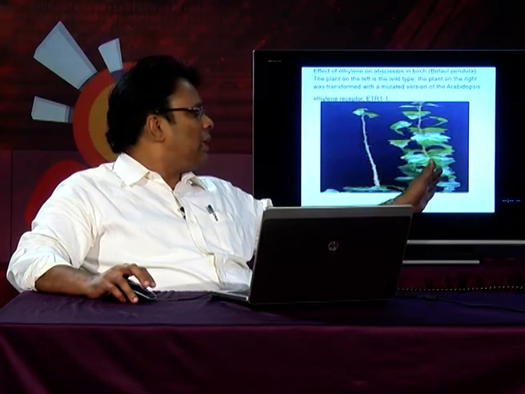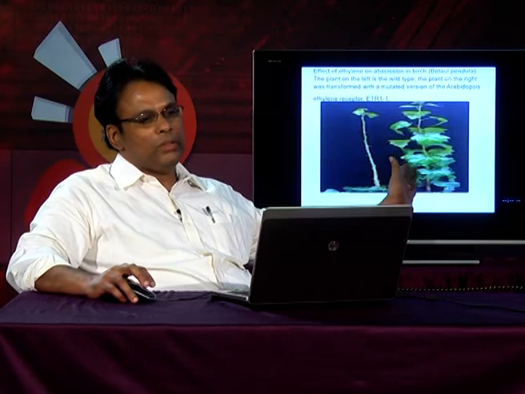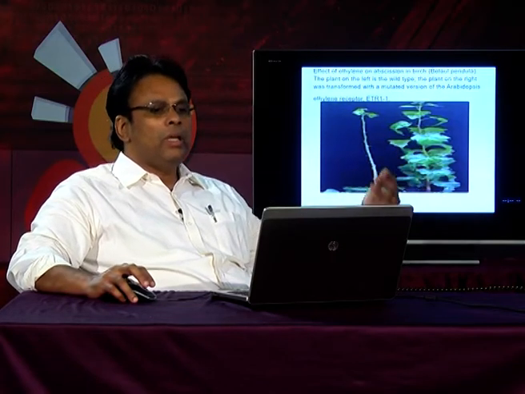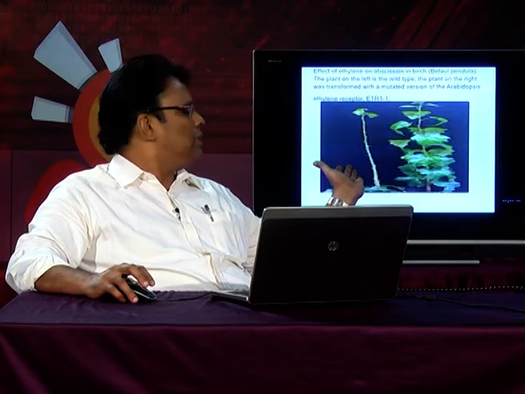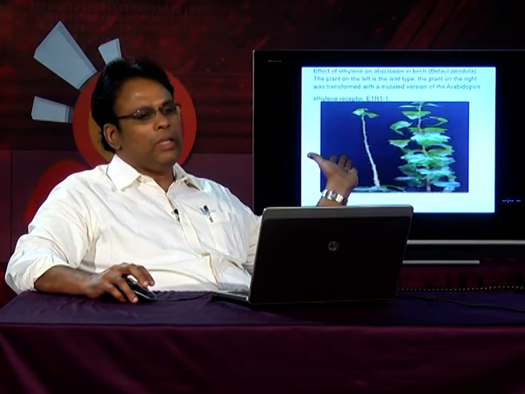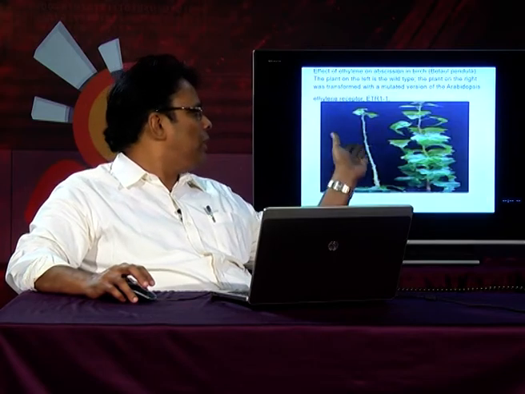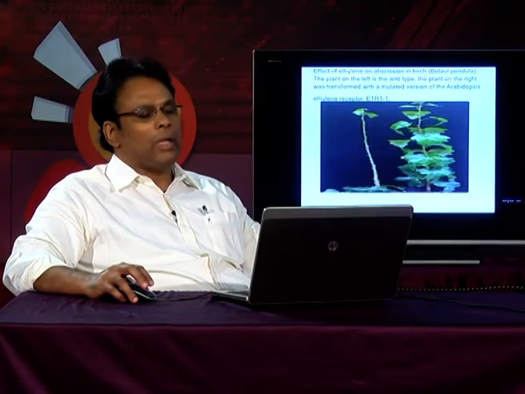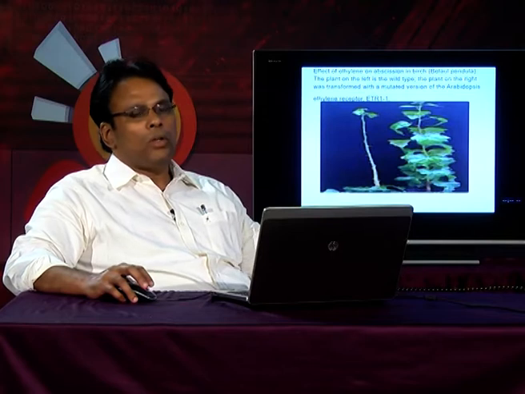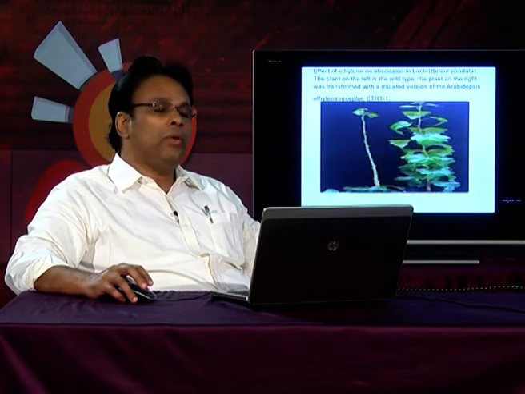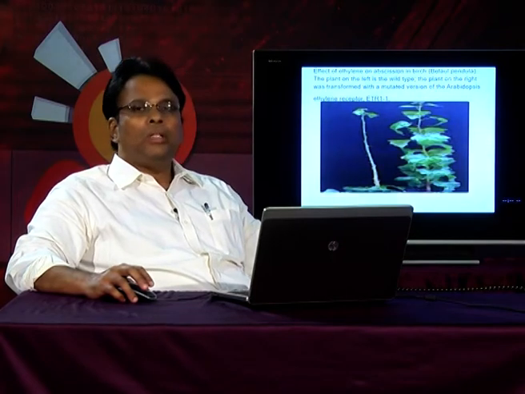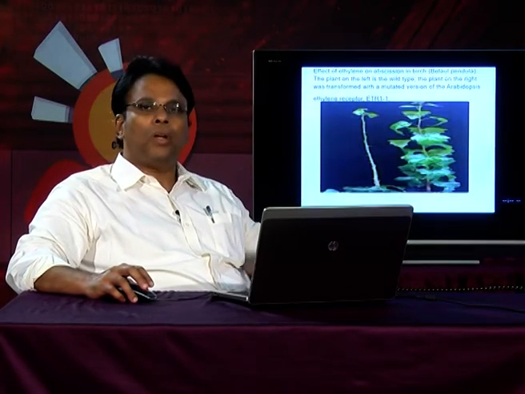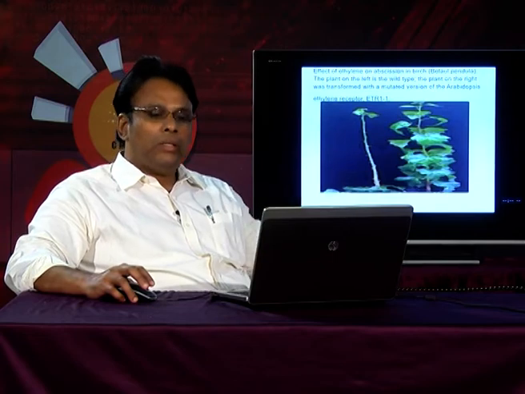So in the mutated case, no ethylene action will take place because the receptor is mutated. Here in the wild type, because of ethylene action, you can see the whole leaves have fallen down, but here it is alive. Again this has a lot of commercial application. If you can increase the longevity of the leaves, they can photosynthesize for a longer period, and you can increase the productivity of the plants.